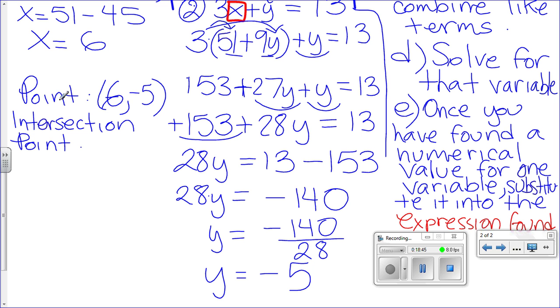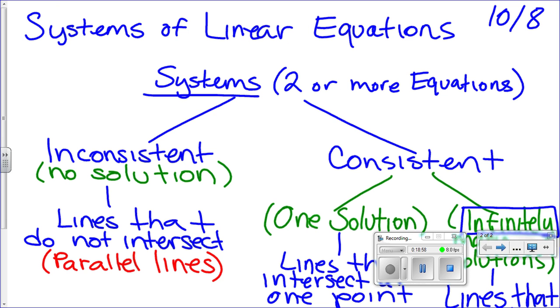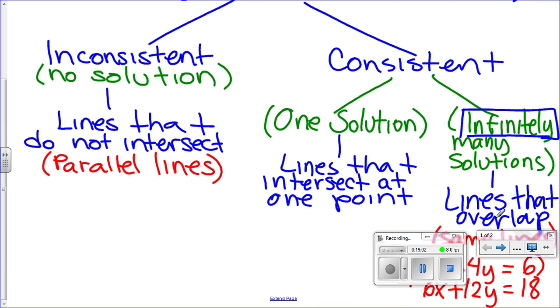So based on that, the classification of systems, would you guys say that system is consistent or inconsistent? Consistent. Consistent, very good. One thing that I forgot to add to that, there's one more word that we need to add. Well, two more words.